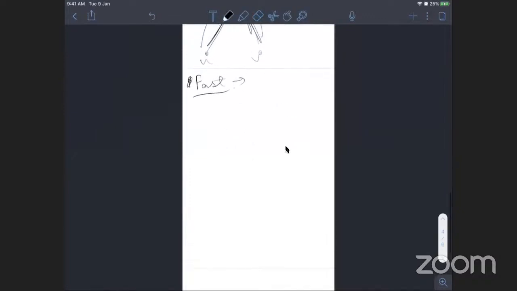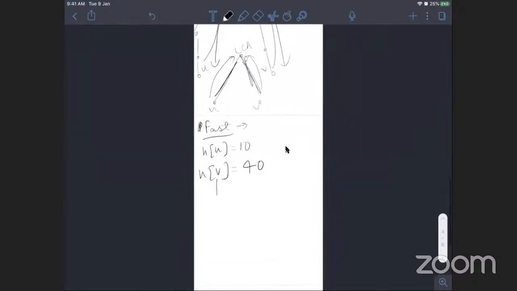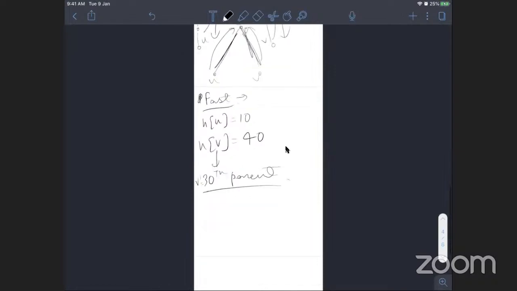Let's say you have height of U as 10 and height of V as a very big number, 40. The first thing that you did was indirectly move V to its 30th parent, let this parent be V dash, such that height of V dash is 10. Basically, you move the deeper node up so much that both of them become the same height.